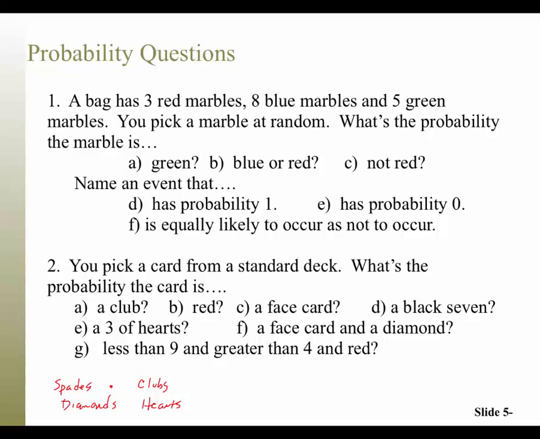In each of those suits there are 13 cards: ace, 2, 3, up through 10, and then Jack, Queen, King. That same set in spades, in diamonds, in clubs, and in hearts makes 52 total cards. Not everyone is familiar with that, but you need to know that to answer number 2. Okay, so work through all these questions with your partner.